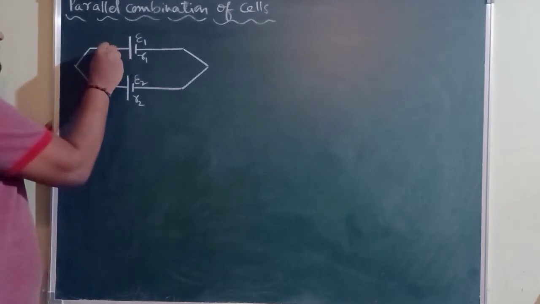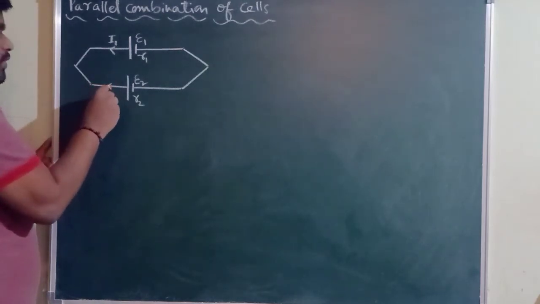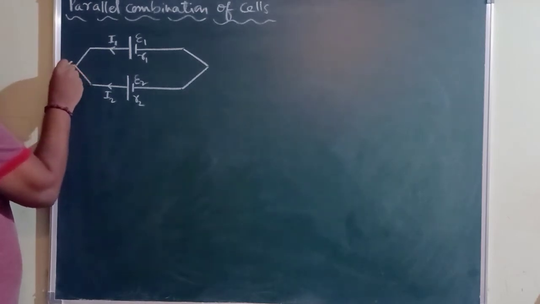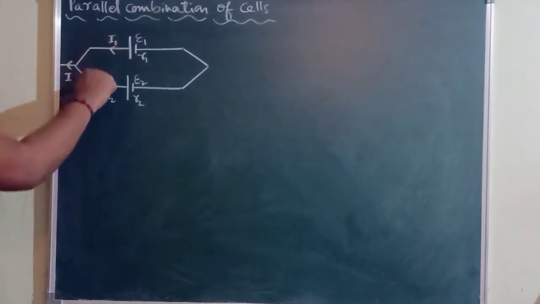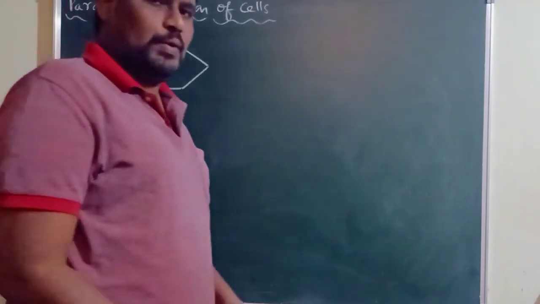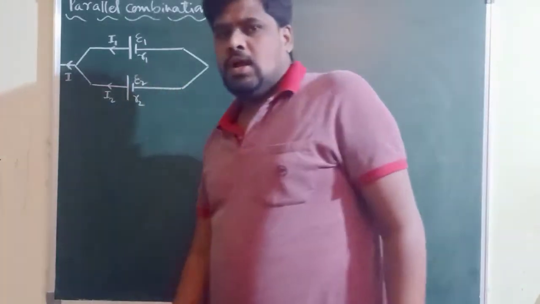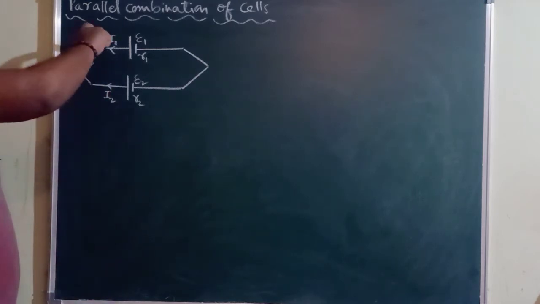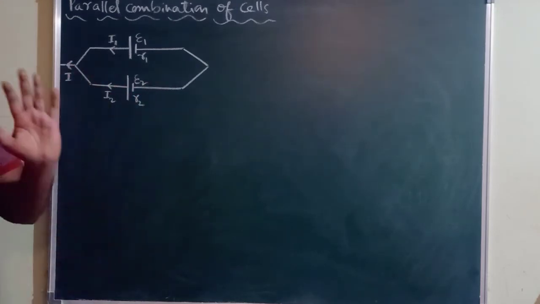but the current drawn from the cells will be different. I1 is the current drawn from the first cell. I2 is the current drawn from the second cell. Then the net current drawn from both the cells is given by I, and that I equals I1 plus I2. The total current drawn by the cells connected in parallel is equal to the sum of the currents drawn from the individual cells.